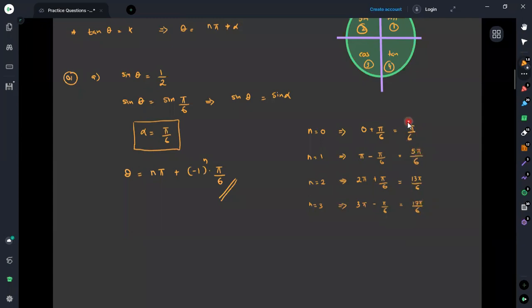The next thing is we'll see how we can limit our solution. To limit the solution, generally it is stated that theta is in a particular region.